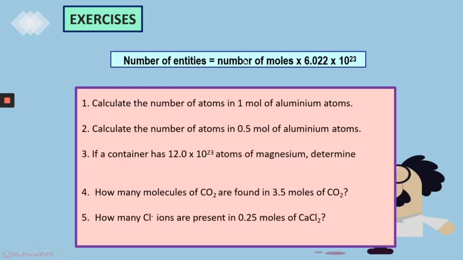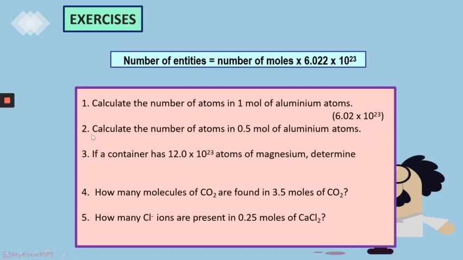Number of mole given from the question is 1 mole. So number of atoms equal to 1 mole times 6.022 times 10 power of 23. So the answer will be 6.022 times 10 power of 23.